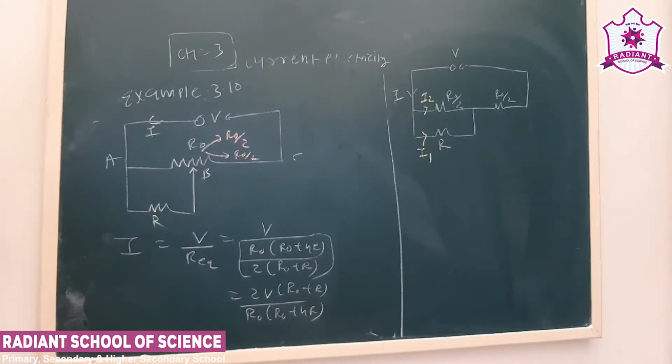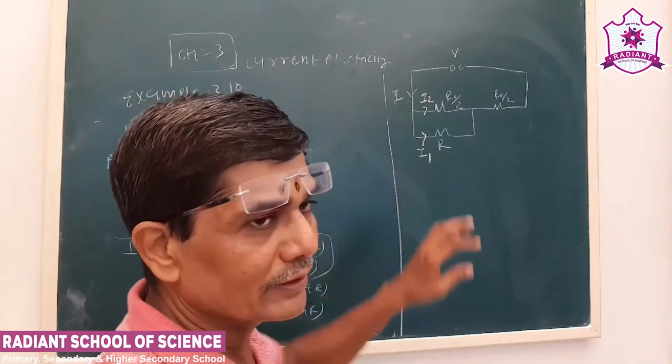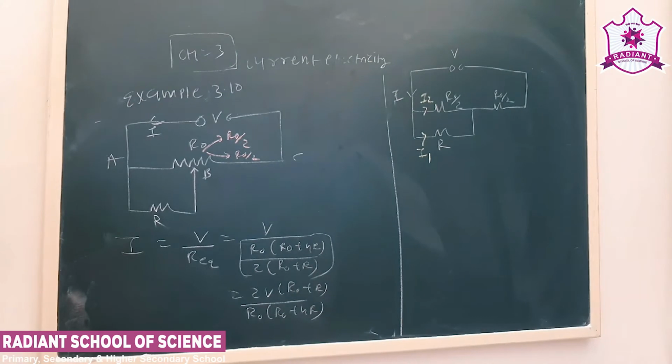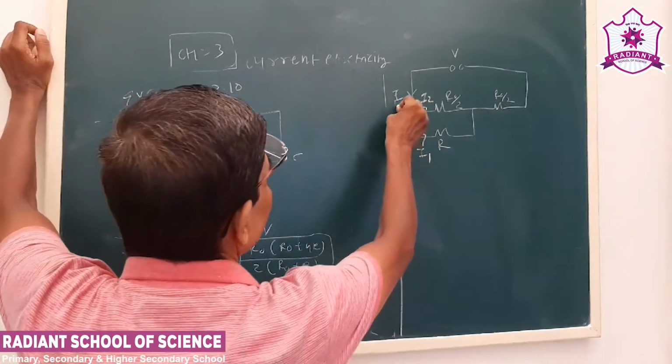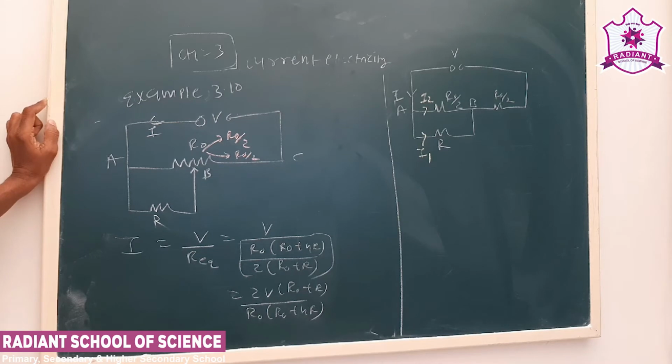See what you have to find out: the potential difference. Also we see that in parallel the voltage is the same. Whatever the equivalent resistance, the current will be divided and the voltage will be the same.